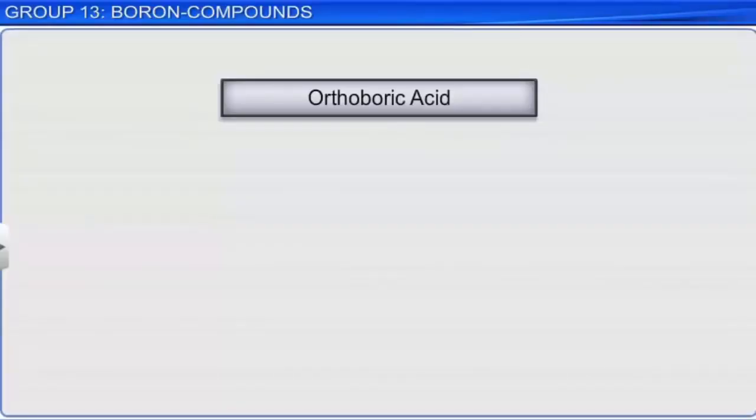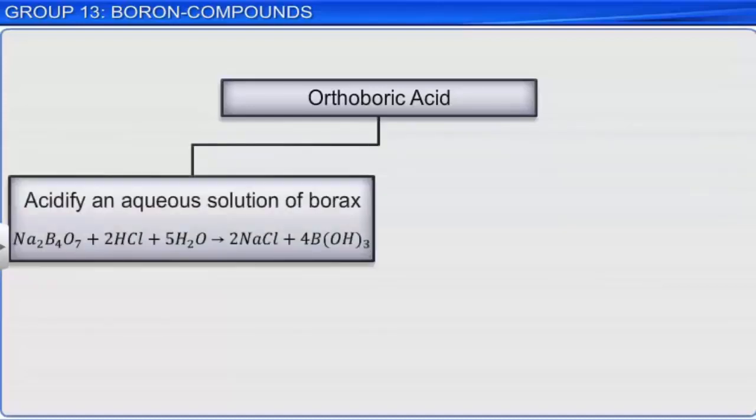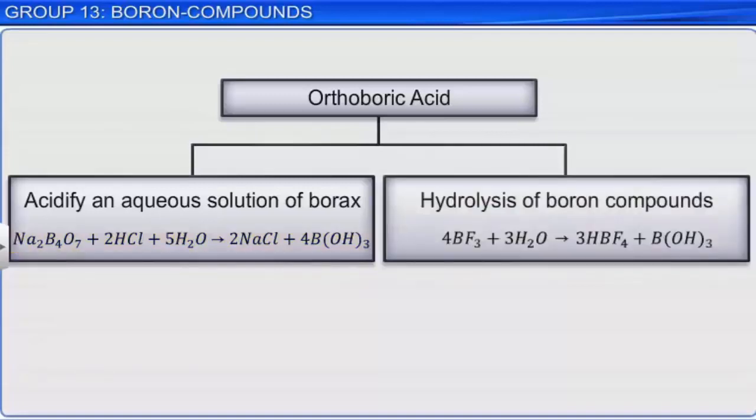There are mainly two ways to prepare orthoboric acid. One way is to acidify an aqueous solution of borax. The balanced equation is given here. Another way to prepare orthoboric acid is the hydrolysis of boron compounds.